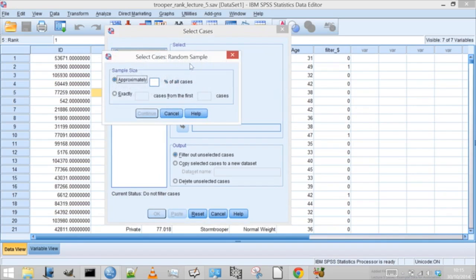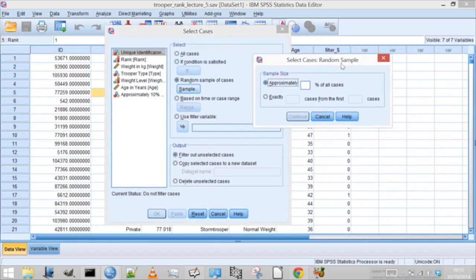I'm going to sample that. So we've selected random sample of cases. And we're going to take approximately 10% of the cases, just because we can. And it does mean we're all going to get slightly different results again, but hopefully we'll be in general agreement. So once you've selected approximately 10% of cases, press continue.